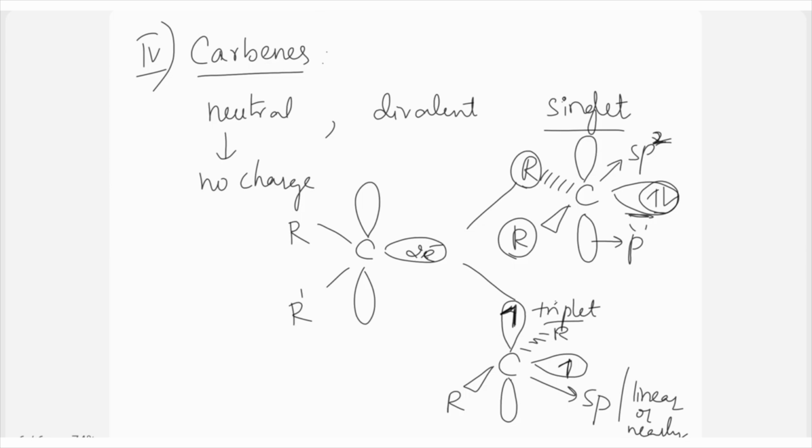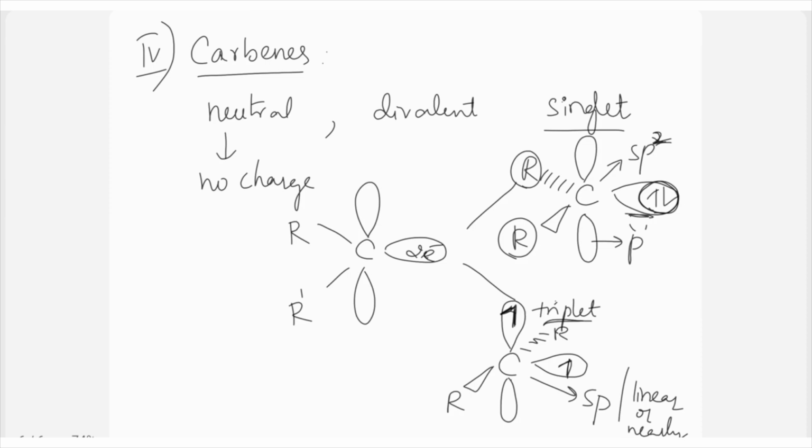Now these are the two types of carbenes: singlet with a pair of electrons, triplet with parallel spins, or the two electrons are having the same spin. We call them parallel spin. These are the two forms.